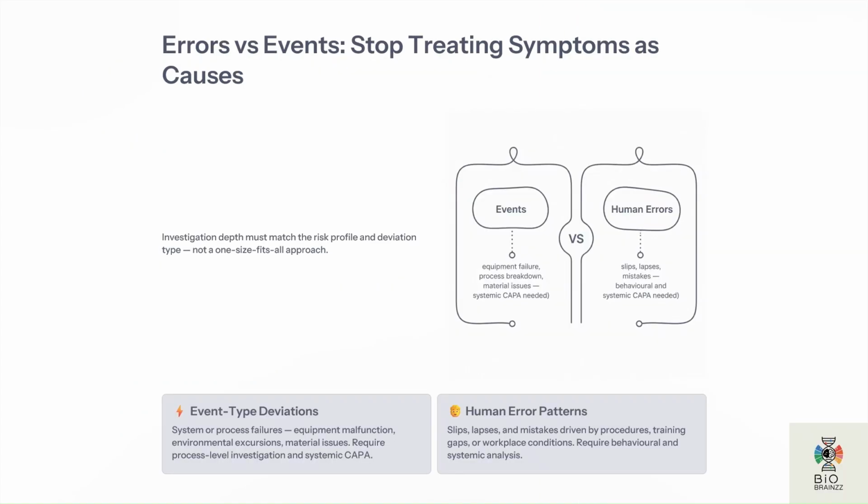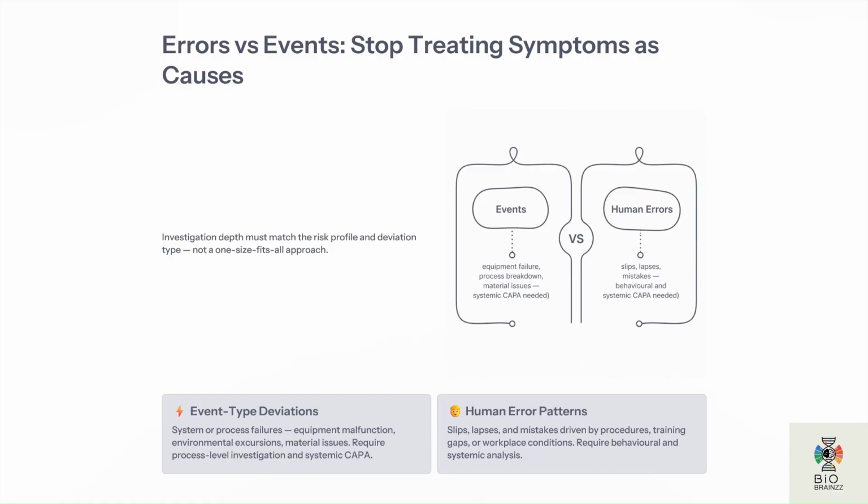One of the most common mistakes in deviation investigations is confusing symptoms with root cause. Not all deviations are the same. Some deviations are equipment related. Examples include equipment failures, utility interruptions, material defects, environmental issues, or process breakdowns. These require process-level investigations and system improvements. Other deviations are associated with human errors.